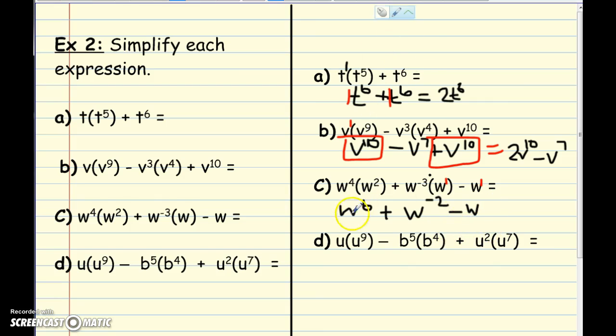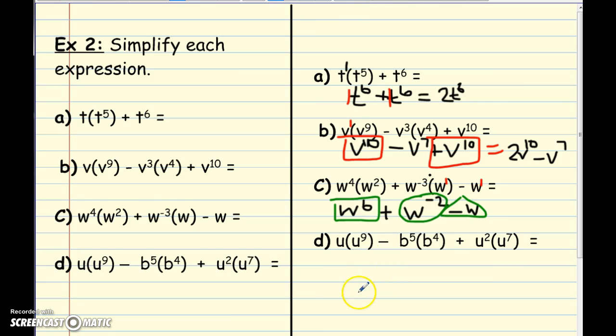Now I look down the line and I say, okay, I've got w to the 6th. Do I have any other w to the 6th? No. I've got w to the negative 2nd, nothing else, and then I have just this plain w. So completely simplified, it would be w to the 6th plus w to the negative 2nd minus w.